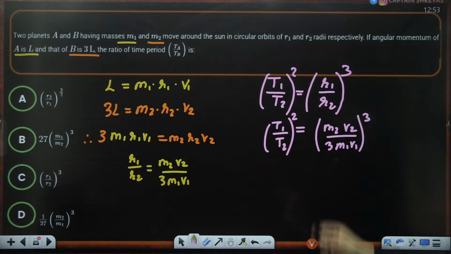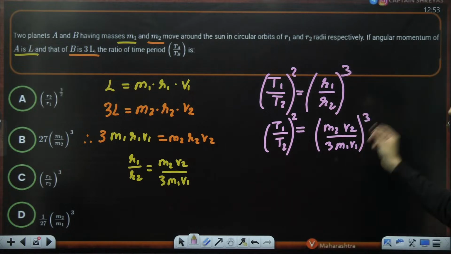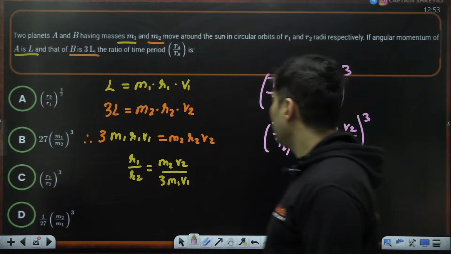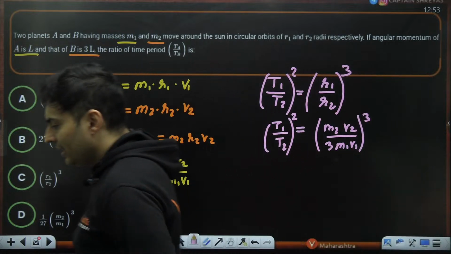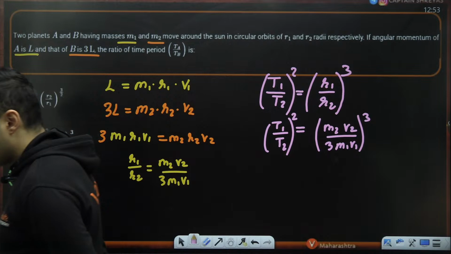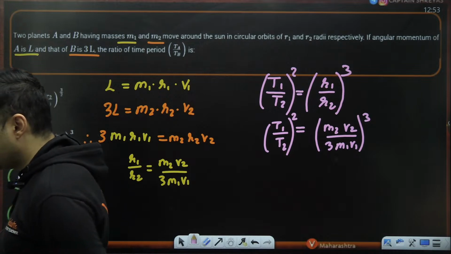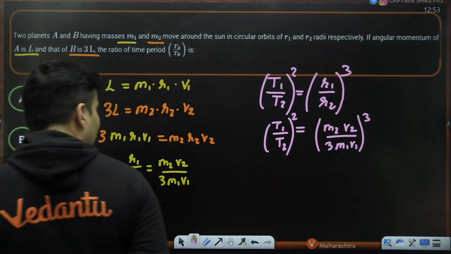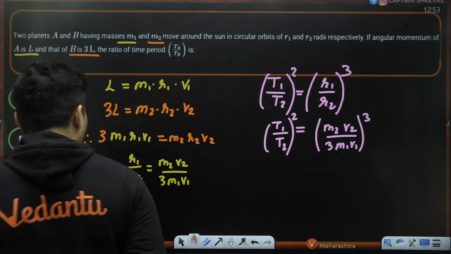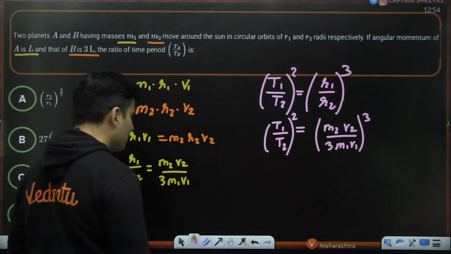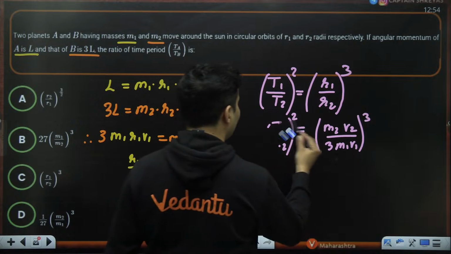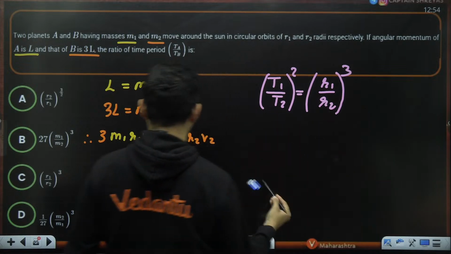But we are nowhere close to the answer, because I do not want V1 and V2. Can we somehow get rid of V1 and V2? Then only we can solve the question. I think we can. I'll tell you how.